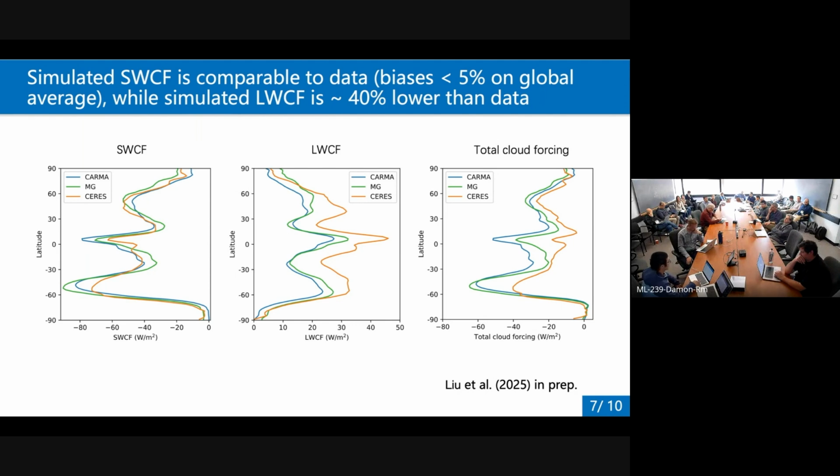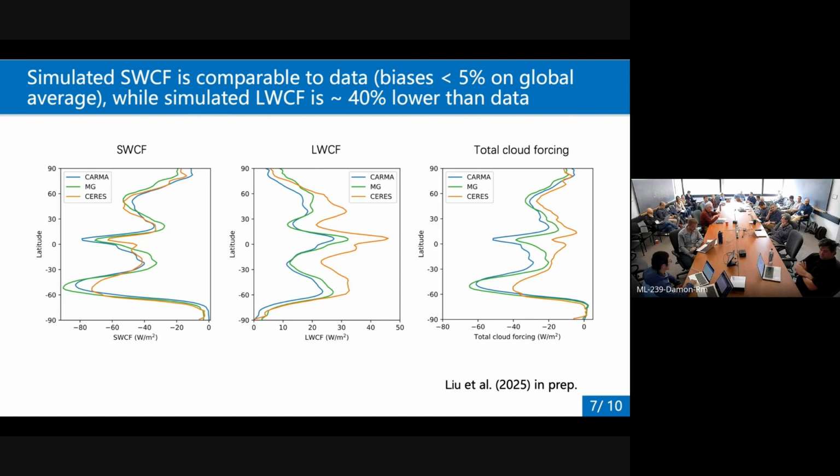So those figures show shortwave cloud forcing, longwave cloud forcing, and total cloud forcing from left to right. The horizontal axis shows the values for each variable, and the y-axis is the latitude.